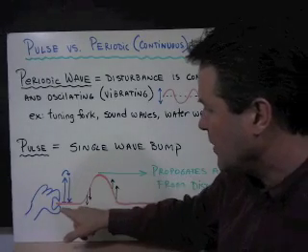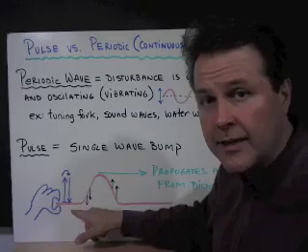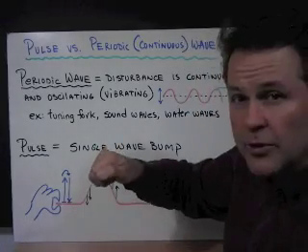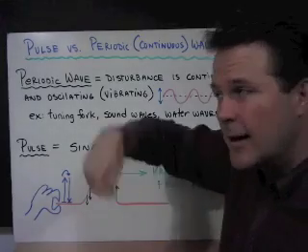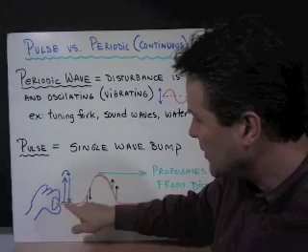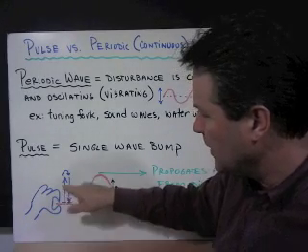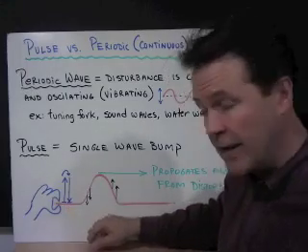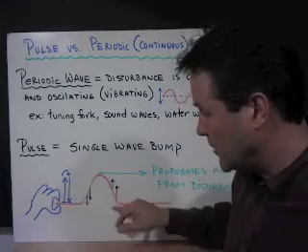And if we took, say, a slinky or a rope, and we wanted to produce a pulse, all we would do is flick it up and down. So basically what we would be doing is flicking up and down to the equilibrium point. So there's not going to be any trough here, it's only the crest.